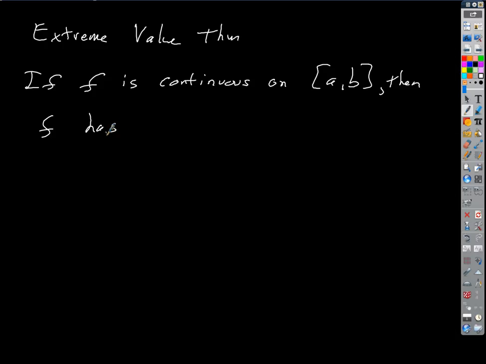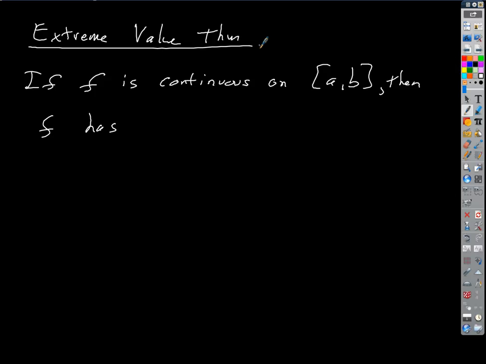The title of this is the extreme value theorem. If f is continuous on the closed interval from a to b, then what's f going to have? Think about our whiteboard example of what it means to be continuous from a to b.